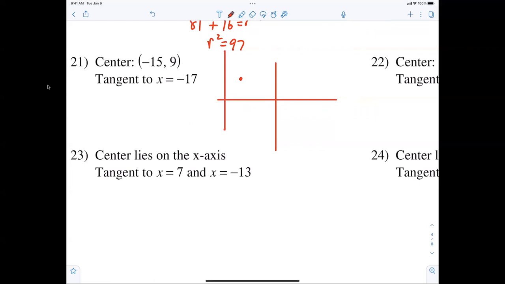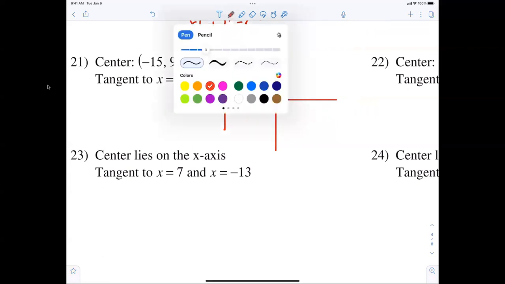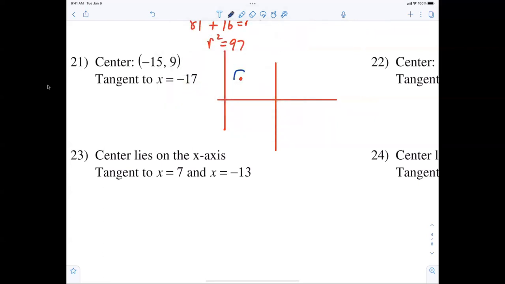So if it's tangent, that just means it touches it at one point. So please watch how simple this is. So here's my circle, and now it's tangent. Does everybody see that now?